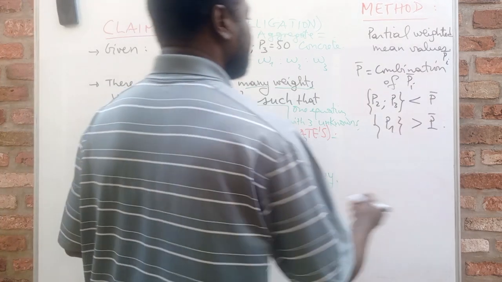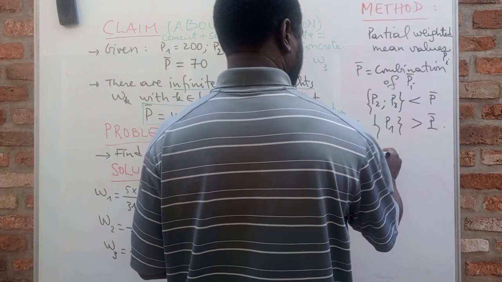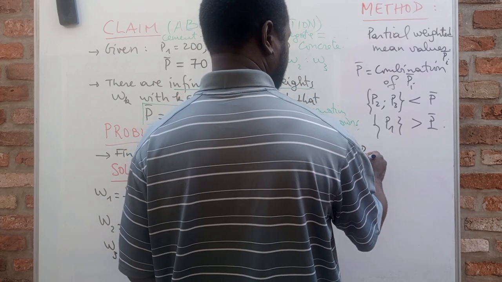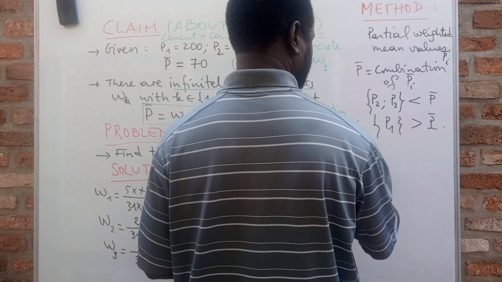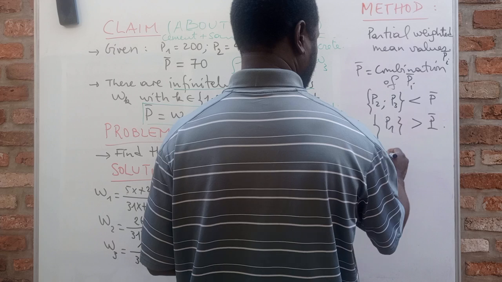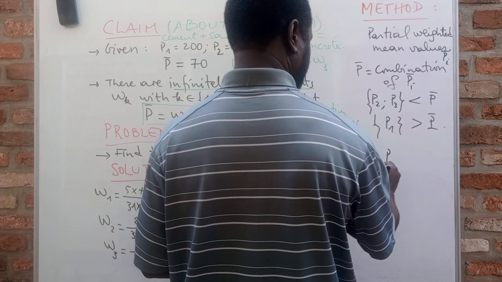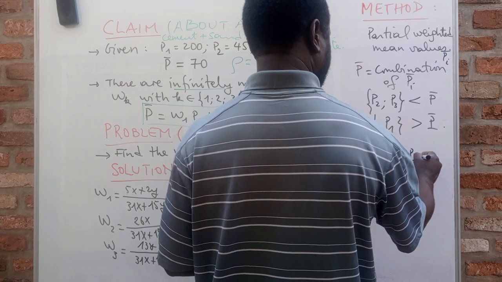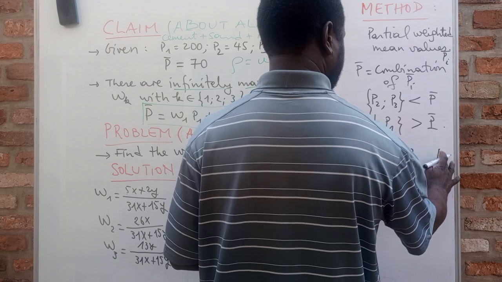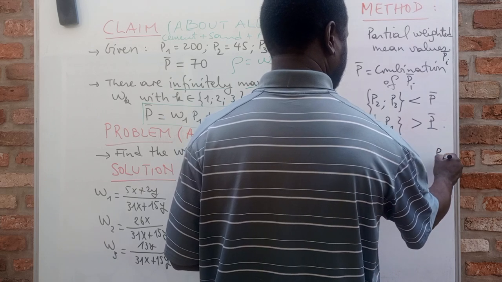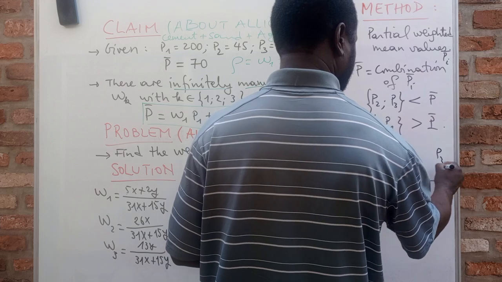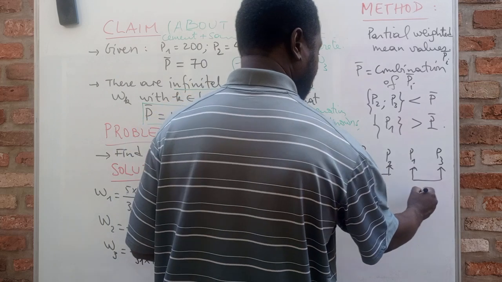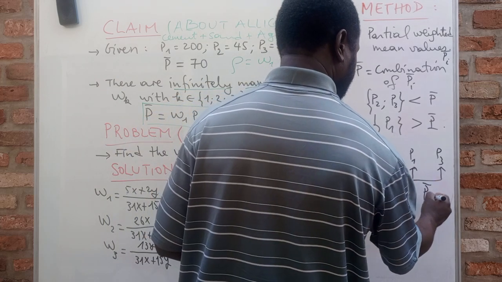Okay, so now we look for partial values between, for example, the first one and the second on one side, and on the other side between the first one and the third one. Here we can call it the first partial fraction, and here the second partial fraction.